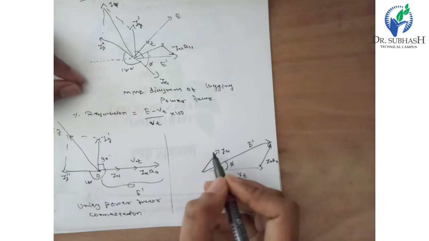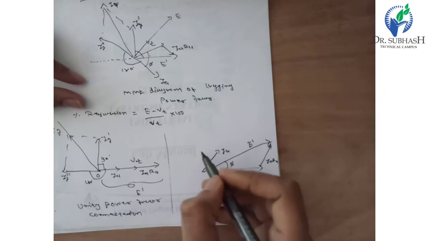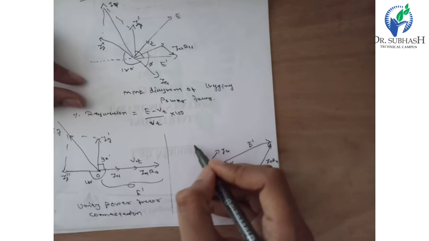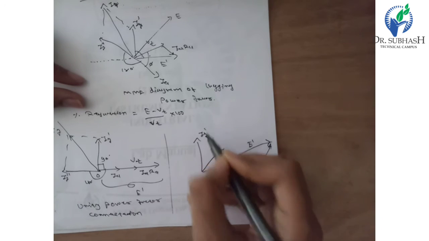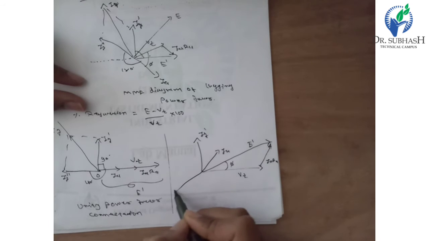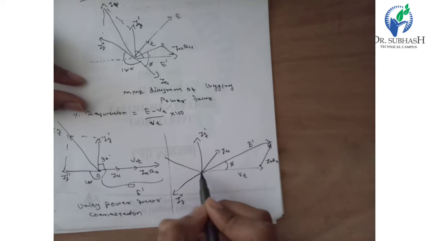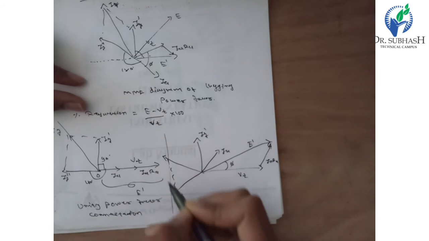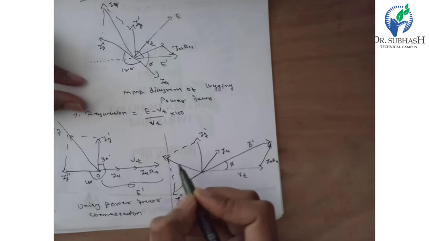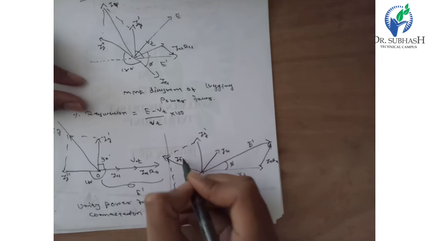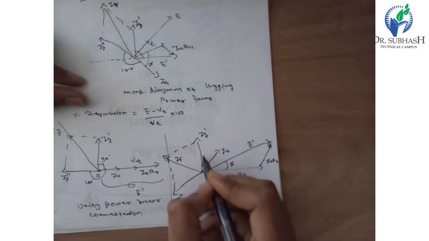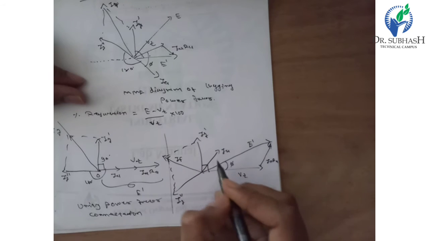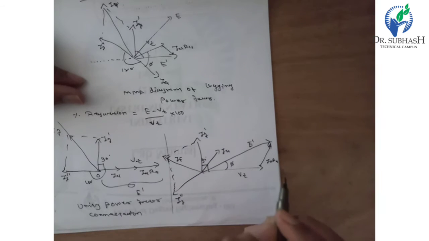In the same way, we write IF dash and IF double dash. The resultant current will be IF. There is 90 degrees between them, and IF dash and the terminal voltage are at 90 degrees.